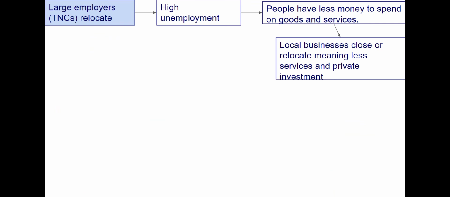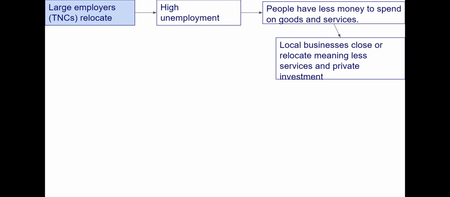You can see, so first we might find the large employers close, and that will then lead to high unemployment. High unemployment means people have less money that they can spend and invest in the local area. Now, what that means is local businesses are going to close, or they're going to relocate to other areas. So there's going to be less services, and there's going to be less investment, private investment from businesses into that area.